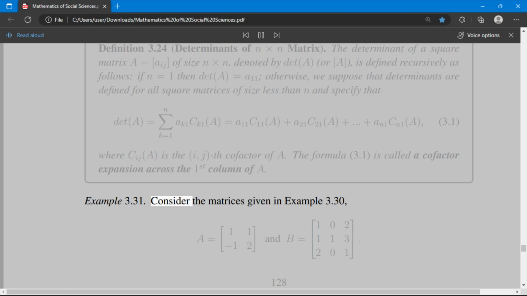Example 3.31. Consider the matrices given in example 3.30. A = [1 1; 1 2] and B = [1 0 2; 1 1 3; 2 0 1].